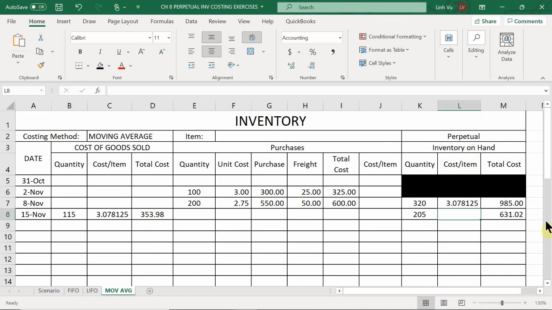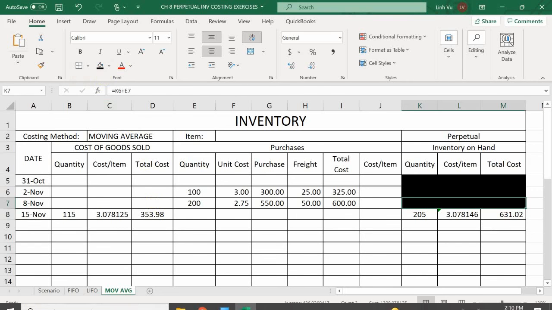Good. 631.02 divided by 205 gives us 3.0781463. Good. Out of the 320.